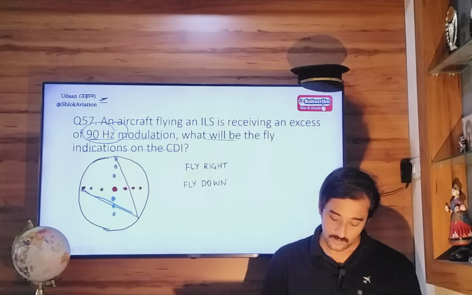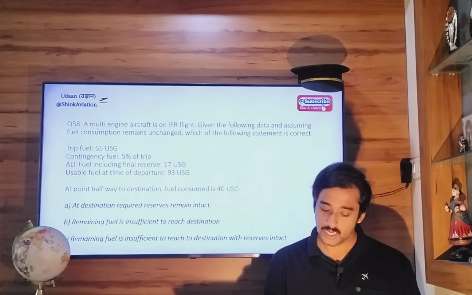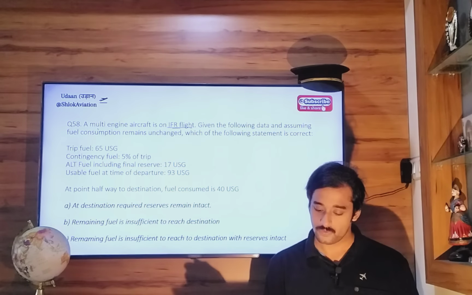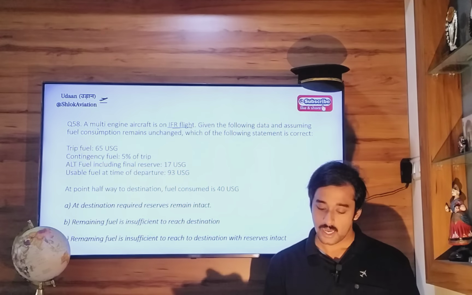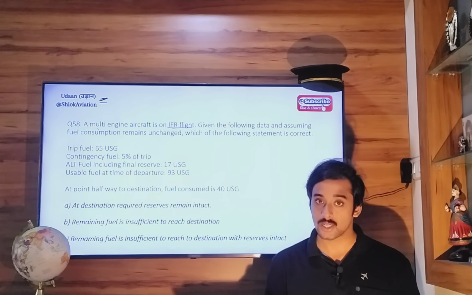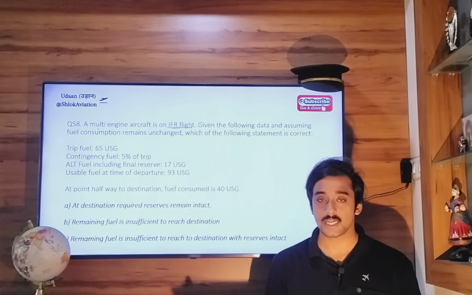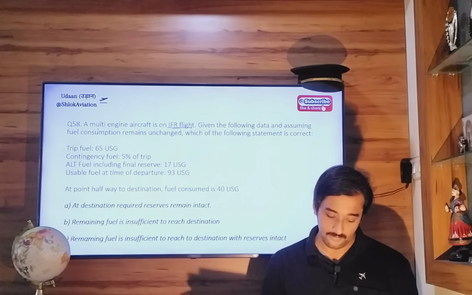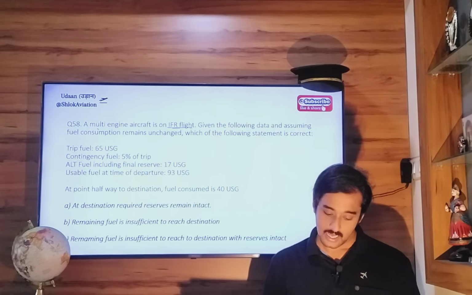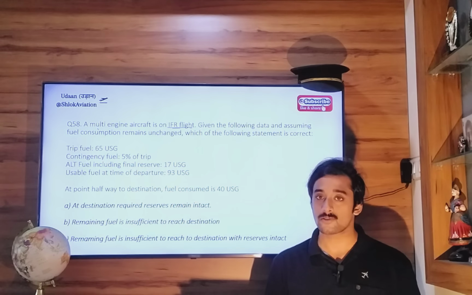Question 58. A multi-engine aircraft is on IFR flight. Given the following data and assuming fuel consumption remains unchanged, which of the following statements is correct? Trip fuel is 65 US gallon. Contingency fuel is 5% of trip fuel.